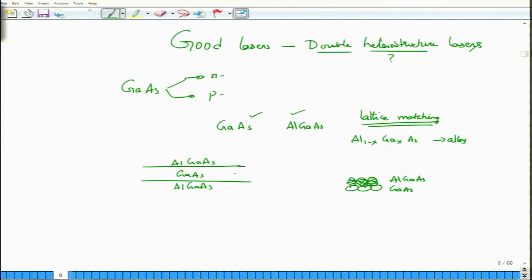So, I am going to call this P. You can see that this is a capital letter. I will use a small letter, hopefully that is understood as a small case letter, and then I have an N type material. These materials have a larger band gap, whereas this material has a smaller band gap.